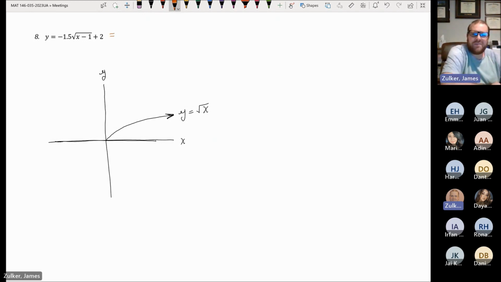So negative 1.5 would be negative 3 halves f of x minus 1, and then plus 2. So again, we got quite a bit going on in this one.